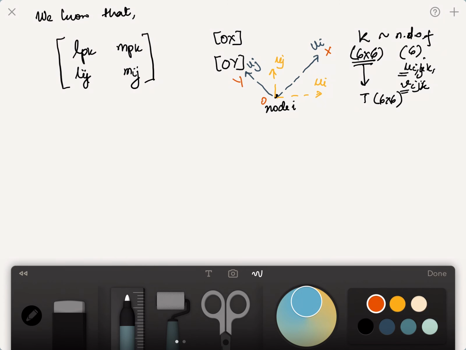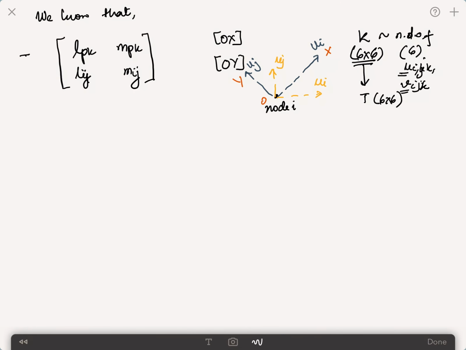So that transformation can help to go from lowercase ui, uj to uppercase Ui, Uj, or local to global. So we can name this particular transformation matrix as T local. Okay, so T local is given as this.